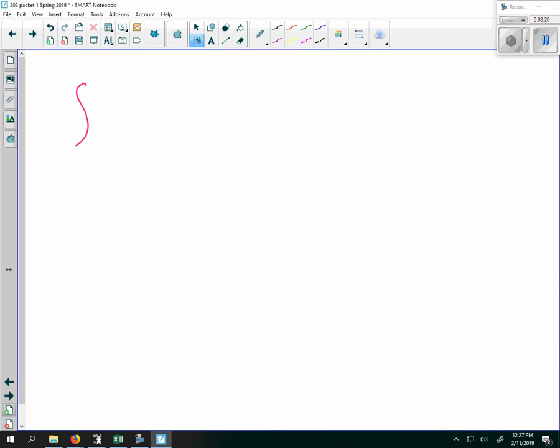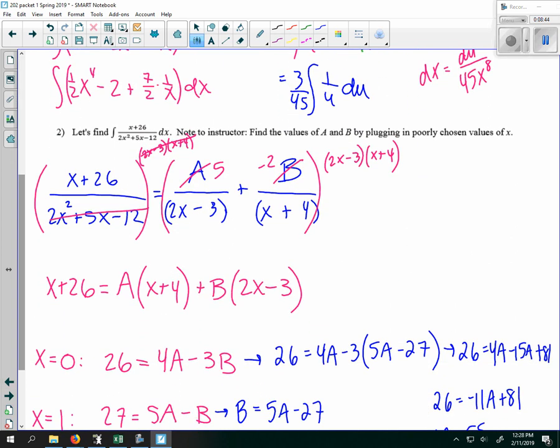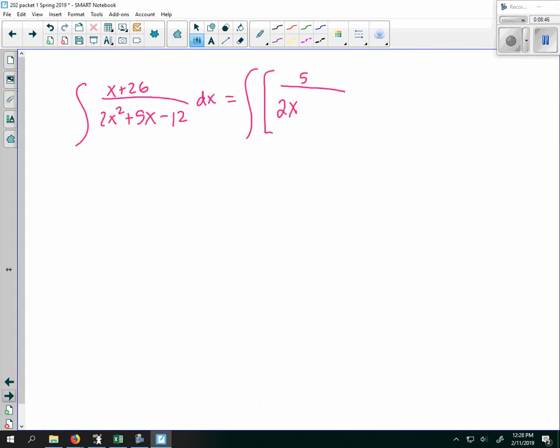So the integral of x plus 26 over 2x squared plus 5x minus 12 dx, I can now rewrite as the integral of 5 over 2x minus 3 plus 2 over x plus 4 dx.